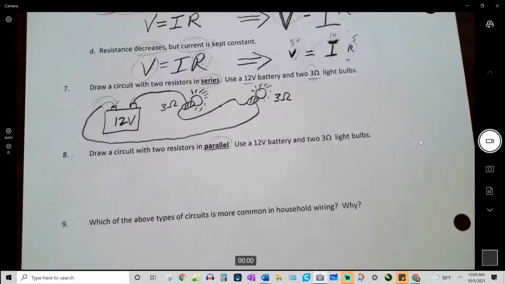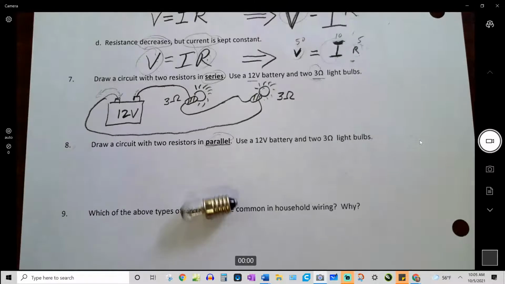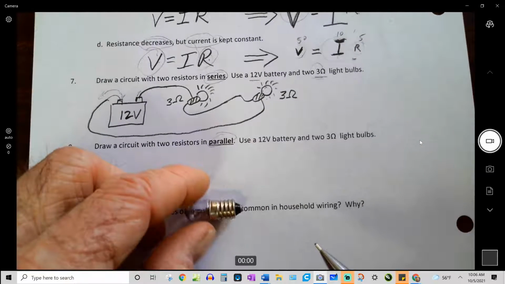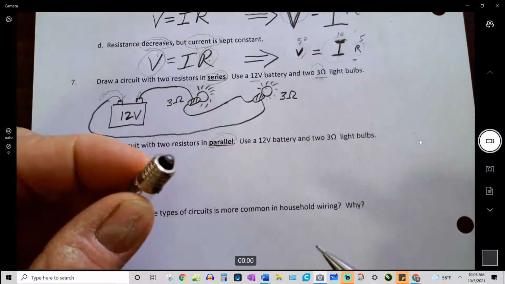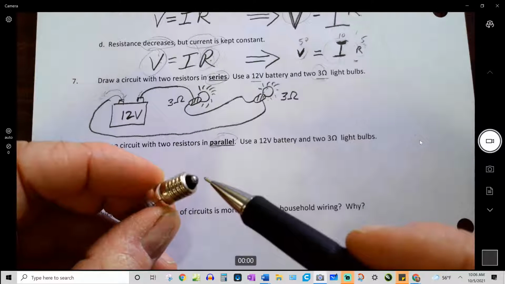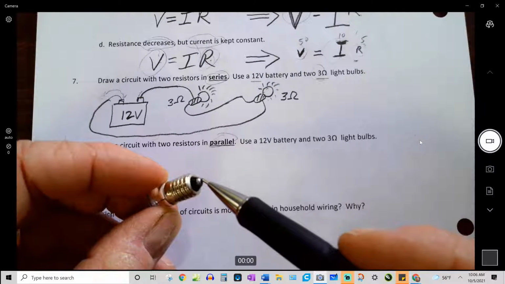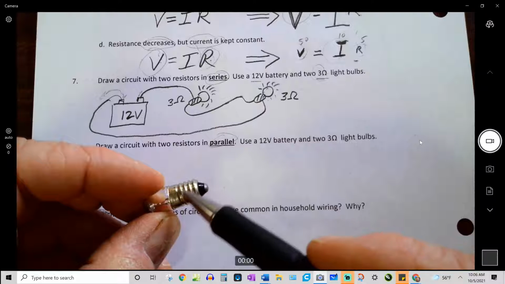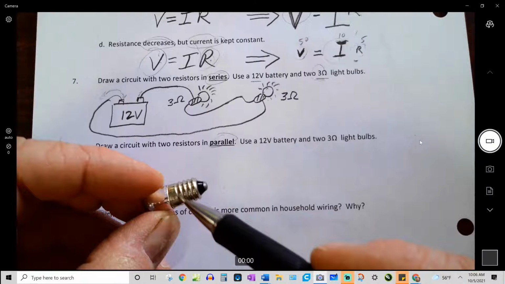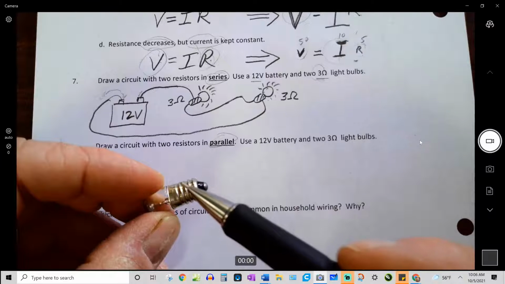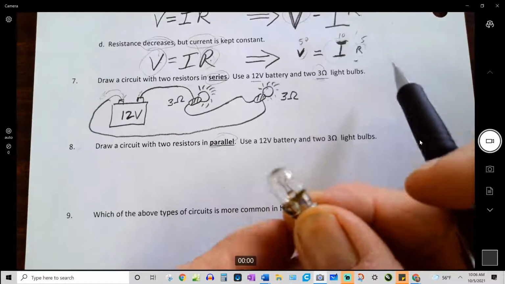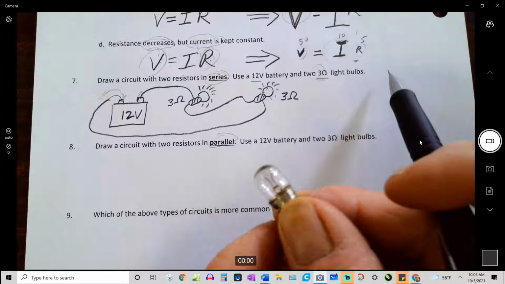For light bulbs that are in your house and in the ceiling here, there's probably a preferred direction, but I don't know what it is. So this is where one wire needs to connect, and then anywhere over here is where the other wire can connect. Let me see if I can even focus on this.